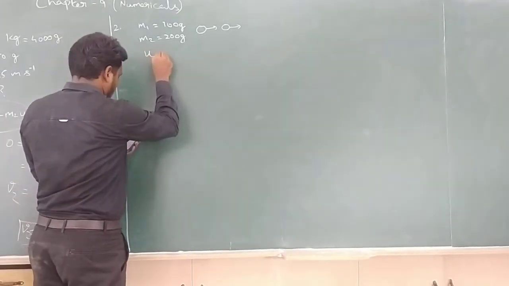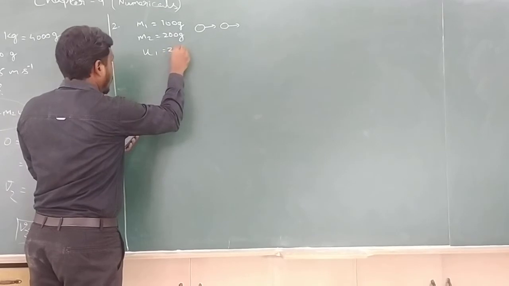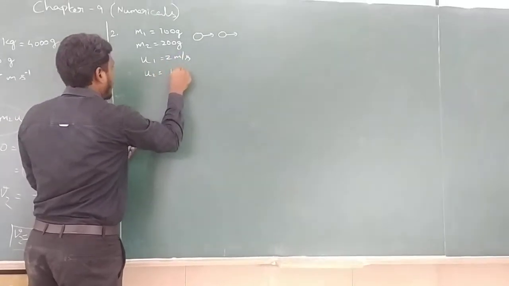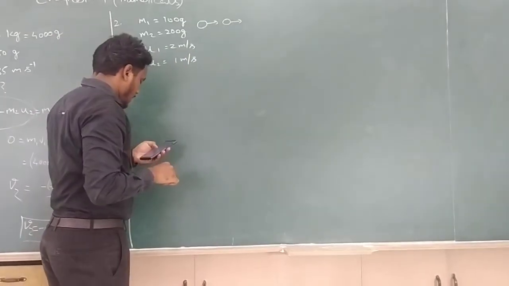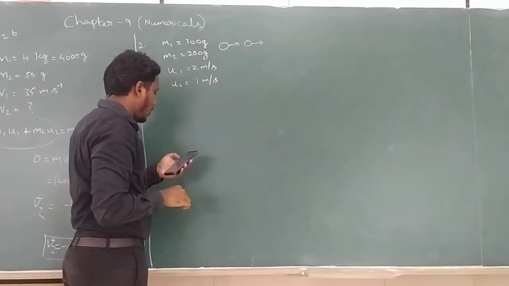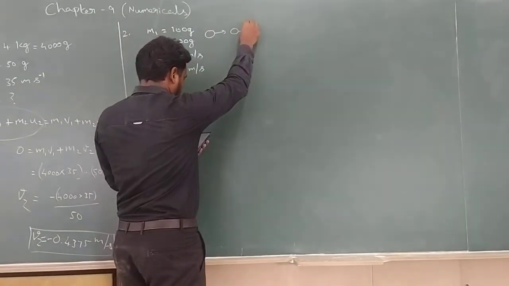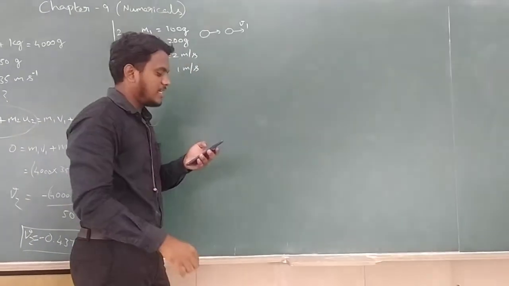So their initial velocities are given as u1 2 meter per second, u2 1 meter per second. They collide. After the collision, the first object moves with the velocity 1.67 meter per second.